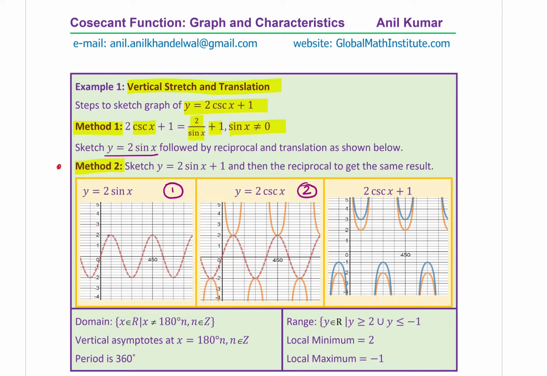Reciprocal means mark the invariant points which are at plus and minus 1, right? And then flip over the concavity. Do you see the concavity? So two things we have done here: first, mark invariant points. That's number one. And two, flip concavity.